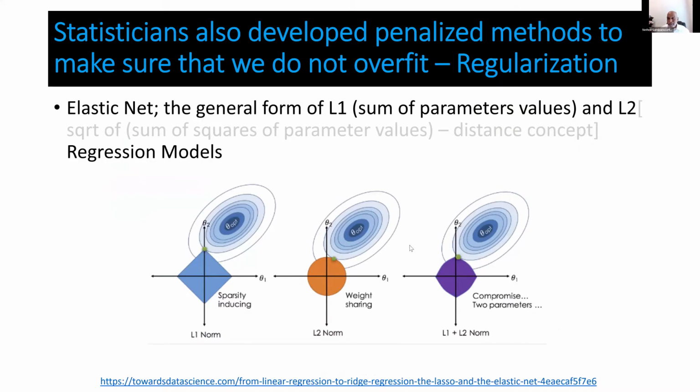A very important thing is the number of parameters being used. It is not just the number of parameters, but also the value of the parameters, the square of the parameters. All these things can be part of the phenomenal intelligence or intuition that you can use to do a better job, so that you don't overfit. And the statisticians have already developed that, under the name of regularization, and they use it in machine learning.